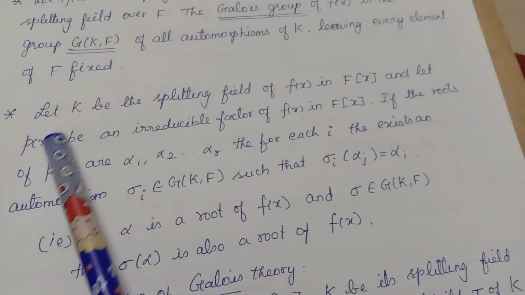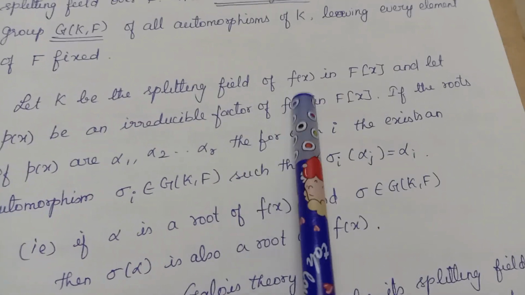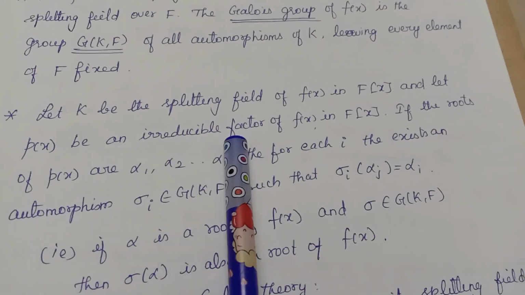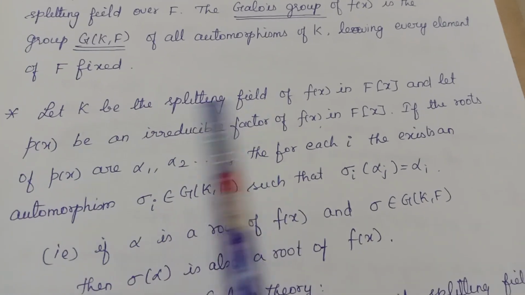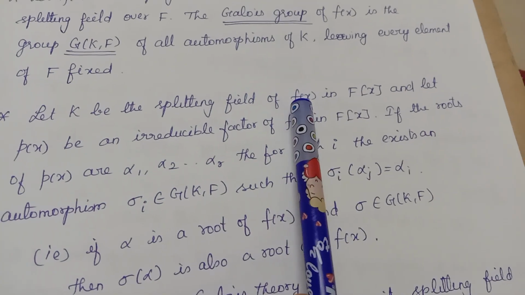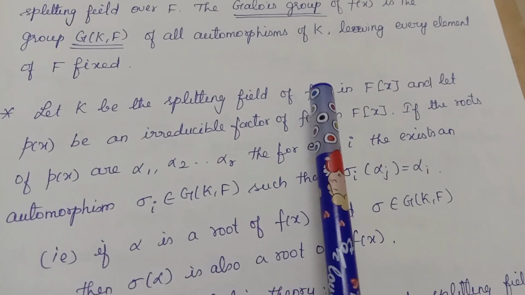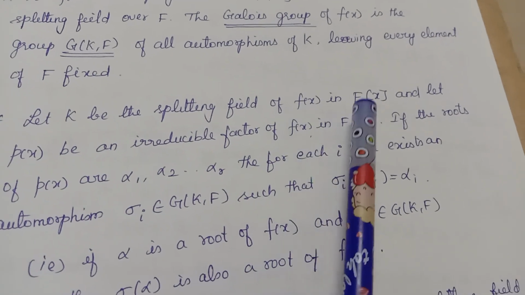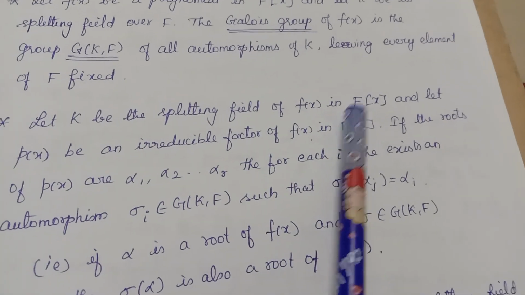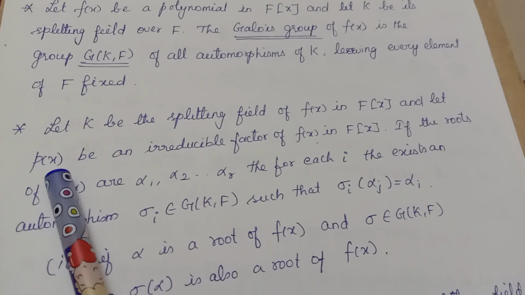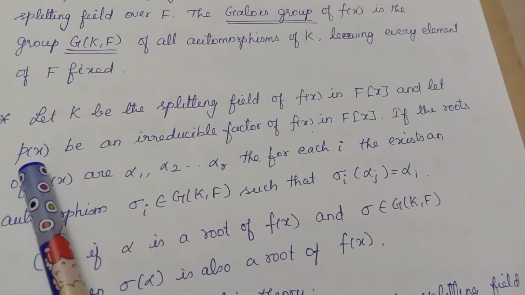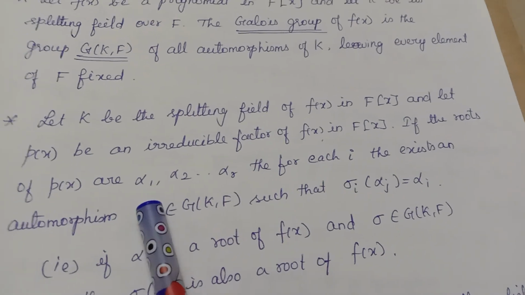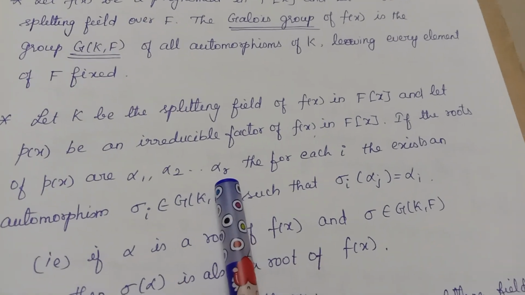Okay, next one. Let K be the splitting field for f(x) in F[x] and let p(x) be an irreducible factor. See, I am taking one field and a polynomial over the field. So this polynomial is reducible over F, that means it has some irreducible factor, no? That irreducible factor I am taking as p(x). Suppose the roots of this p(x) are given by alpha 1, alpha 2, etc., alpha r.